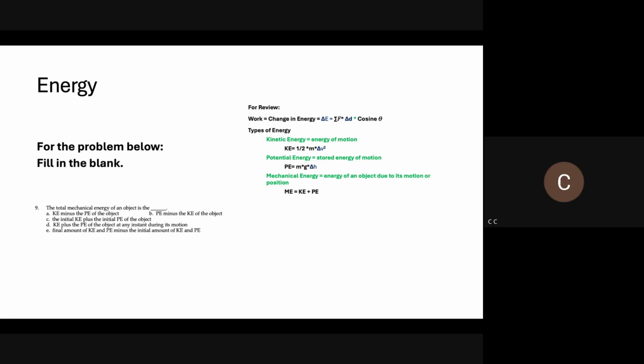Potential energy minus kinetic energy of an object. If you say that, then it looks like this, so then it would be D. A, B, C, D. D: kinetic plus the potential energy of an object at any instant during its motion. Yes.